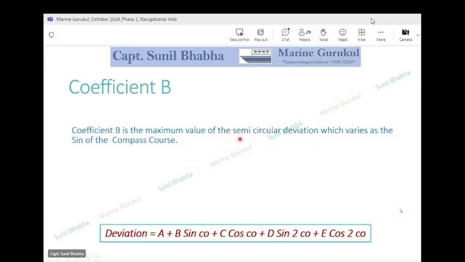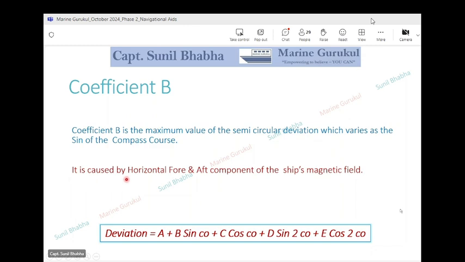So semicircular deviation means that for 180 degrees out of the total 360, it will have one particular name, either east or west. And for the remaining 180 degrees, the name is going to be opposite to this one. So that is the meaning of the semicircular deviation.